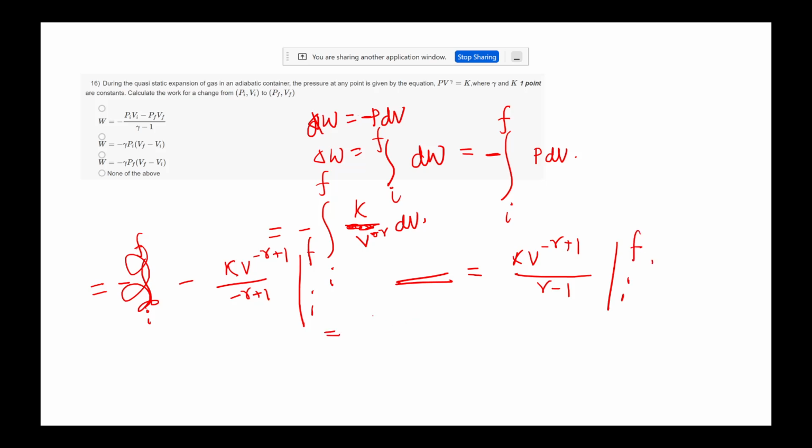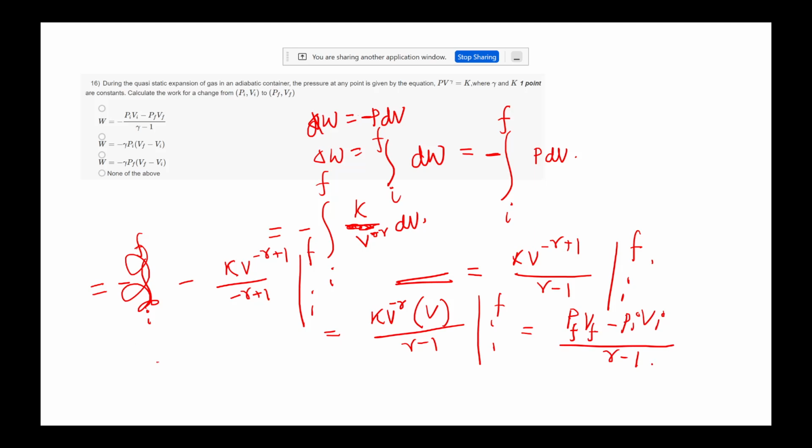So now if you take K V to the power gamma common, then there will be one V, so this can be written as P. So this will be P f V f minus P i V i divided by gamma minus 1, or we can write it as minus, P i V i minus P f V f by gamma minus 1. Perfect. Right.